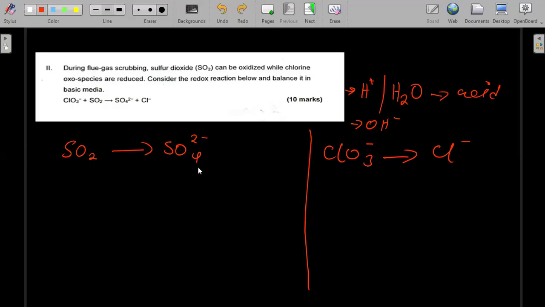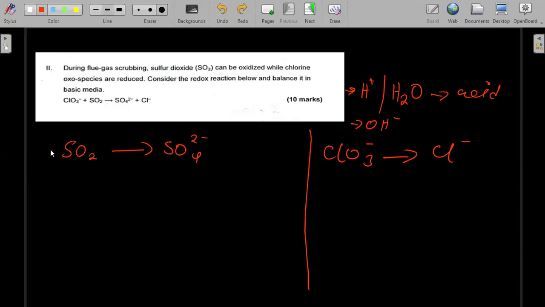After balancing any other atoms apart from oxygen and hydrogen, the next thing, you come back for oxygen atoms. You need to balance your oxygen atoms. How do you balance your oxygen atoms? That's where adding water comes in. If you check here on the reactants, we're having two oxygen atoms, and in the products, we're having four oxygen atoms, isn't it? So we are lacking two more oxygen atoms this side.